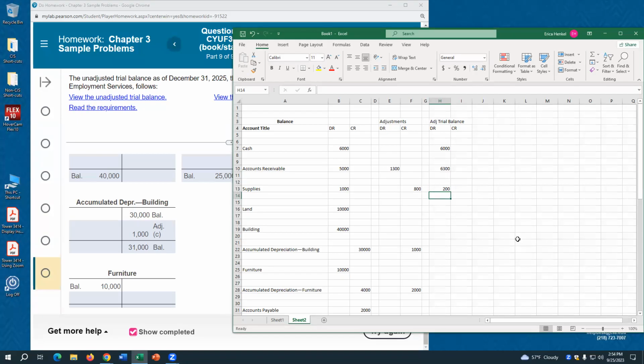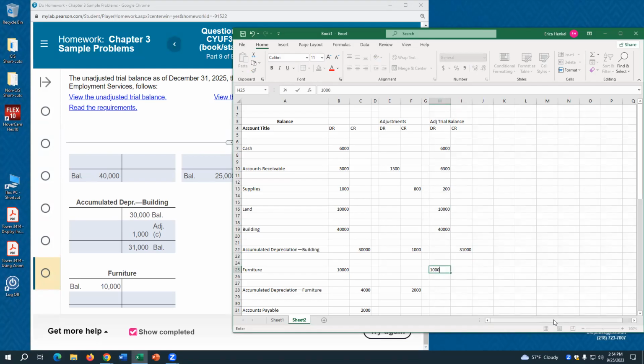And that also means that you'll help learn what the meaning is behind the worksheet as well. So it'll help you with your fluency as far as that goes. All right, no adjustment to land, no adjustment to building. For accumulated depreciation, we started with 30,000, had 1,000 more, so that gives us 31,000.